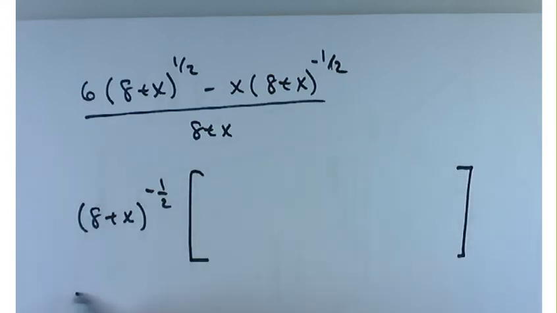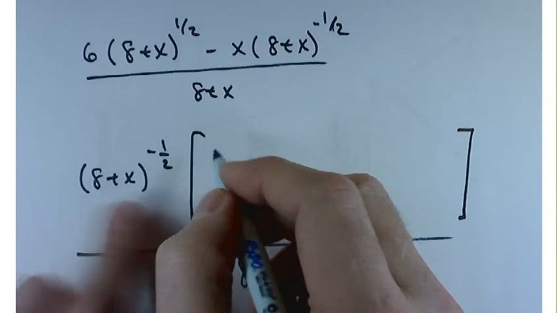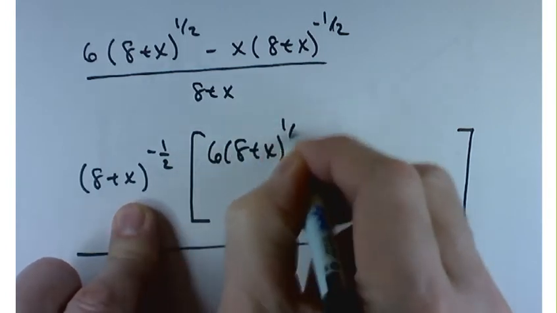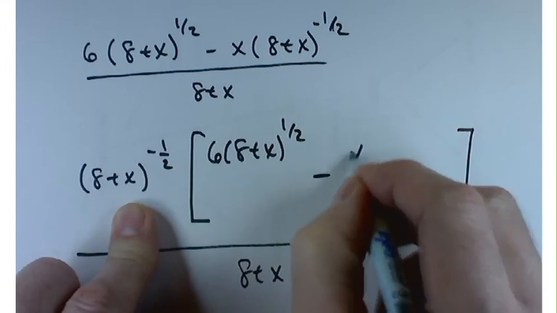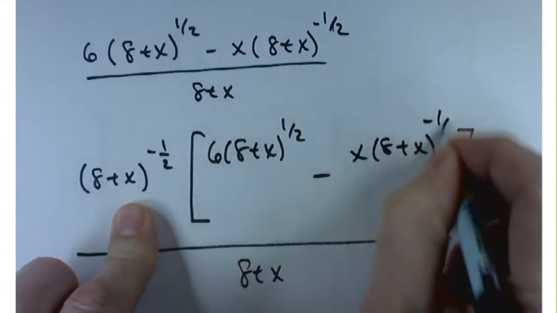Now this may get a little cumbersome because we have to do a fair amount of writing, but it does make it easier to see what's going on. So when I factor something out, and I just mentioned this, what do I have to divide each of these terms by?